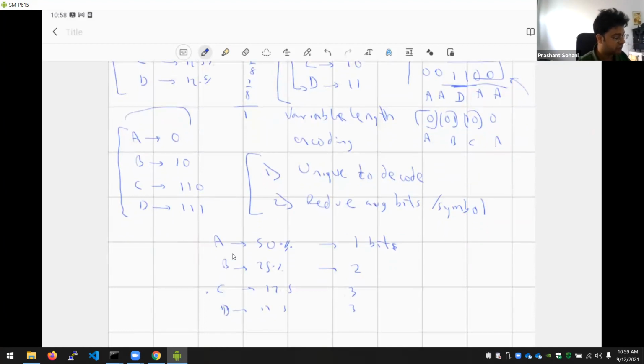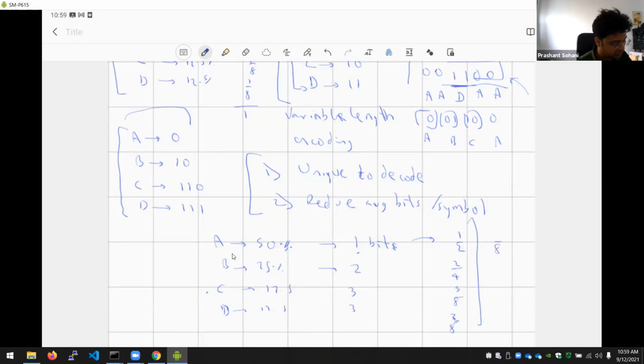So even if they require more bits to transmit, on an average, what will happen? A will only require half a bit on average, because it is going to occur 50% of the time. Then 25% of the time we transmit 2 bits. So really it's 2 upon 4. Then this is 3 upon 8 and 3 upon 8. So if you add up all of this, what is the value that you get?